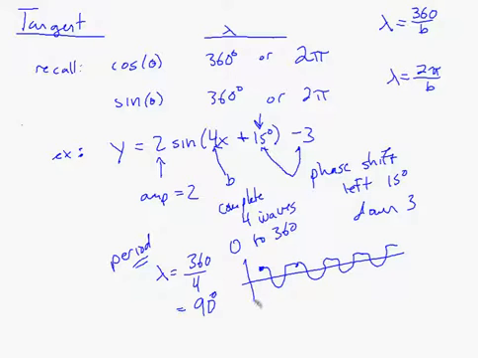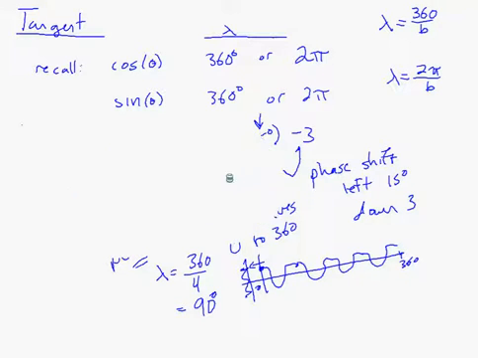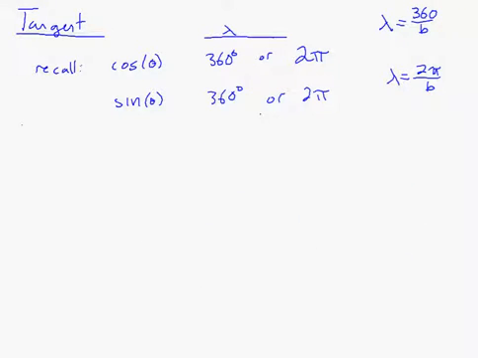It'd be very scrunched, and this would be 360 right here. Well, I put that in the wrong spot. That should be 0. But we did move it left 15 degrees, so this whole thing would shift to the left 15 degrees. All right. Tangent. So I'm going to erase all this because we already know all that.